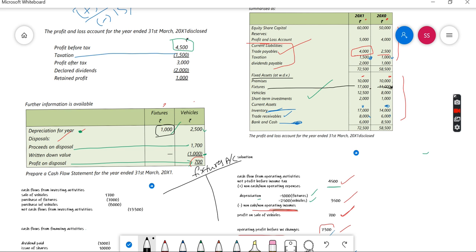Opening balance is 11,000, balance brought down, right? And then 17,000 is the closing. So right opposite to that, by balance. Just a minute. I think we need to start fresh.